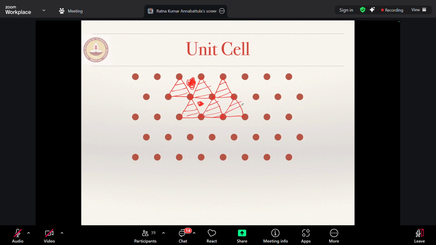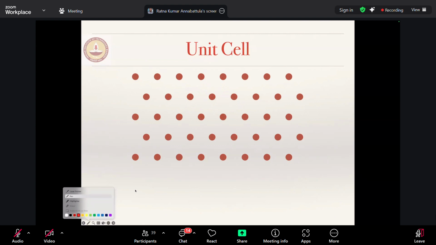No, sir. The only way that I can fill this space is by rotating this triangle. I can put it inverted, right? Then I will be able to fill in, isn't it? But without rotating, only by translation, I will not be able to fill the entire space. And that is precisely the reason why your triangle cannot be a valid unit cell.